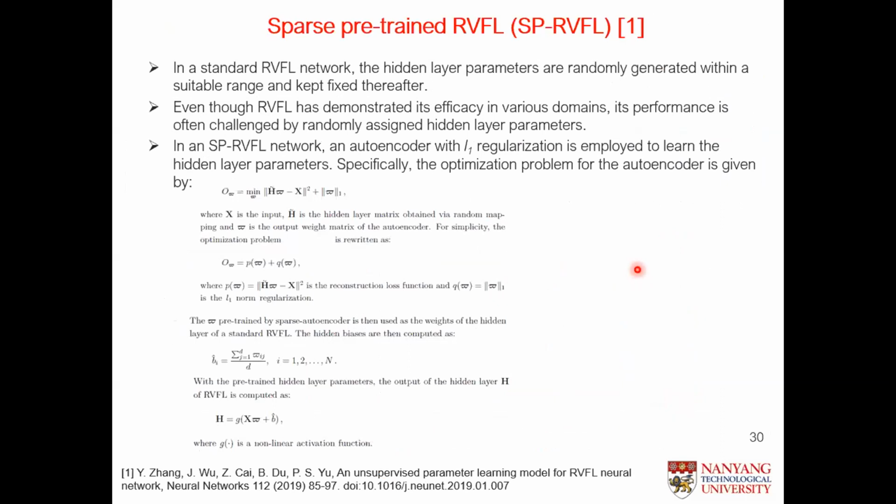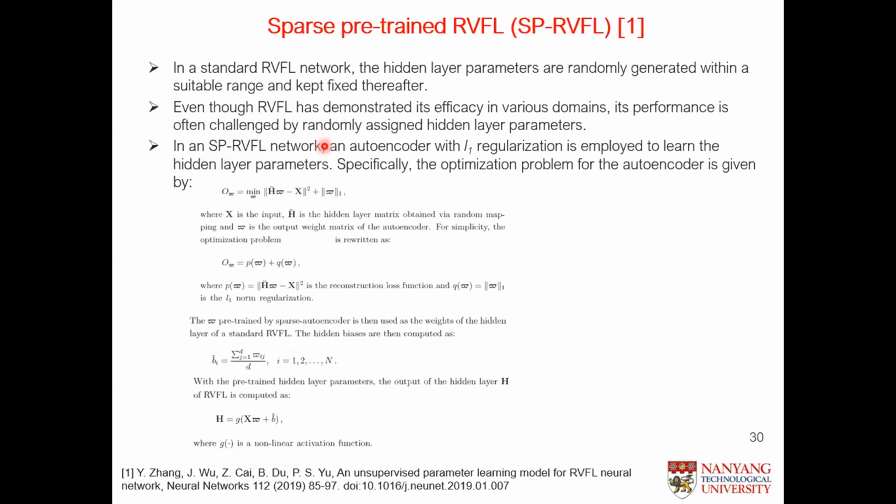And the extension to deep structures that we proposed is a general concept. So we were able to apply the same concepts to the SP-RVFL. This is an RVFL variant published in 2019. So we took this RVFL variant and we extended it to a deep version.